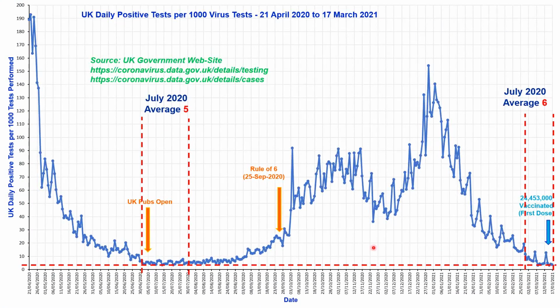Now, this is the graph really that tells you what is going on here. Okay, so this is the UK daily positive tests per 1,000 virus tests carried out. And this is from the 21st of April 2020 to the 17th of March 2021. So what I've done here is I've looked at how many tests I've carried out, looked at the positive tests, and created the number of positive tests per 1,000 tests.